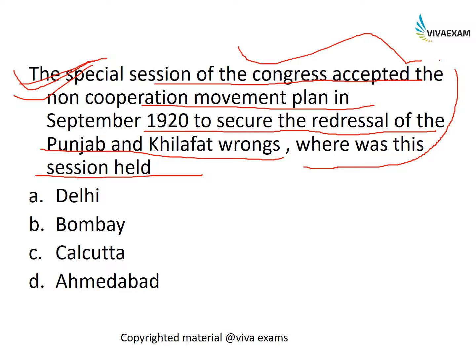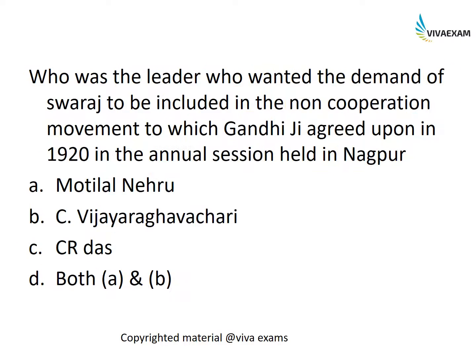So this particular session was held in Calcutta. Since Congress had a special session in most of the years, one needs to remember which place was what. A deep study is required, so Calcutta anyways is the answer.